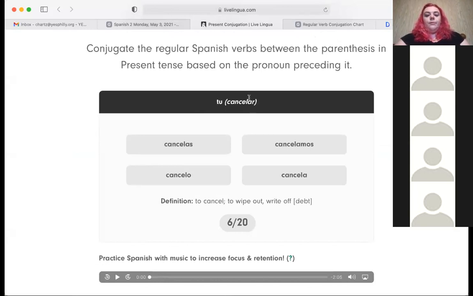It's an AR verb, and we're going to pick the ending for tú. So is it going to be cancelas, cancelo, cancelamos, or cancela? Based on tú, you cancel. So what's going to be the correct ending? Is it AS, O, AMOS, or A?